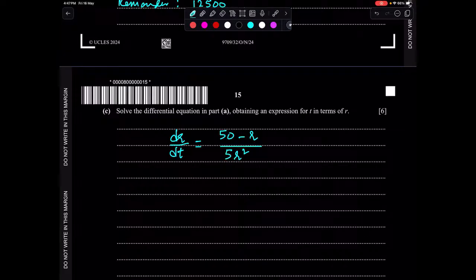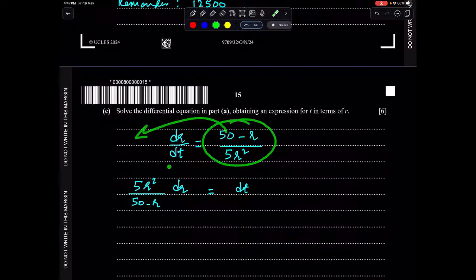Now do variable separable. So 5r square upon 50 minus r dr equals dt. This is the variable separable. I shifted this fraction on the left hand side and shifted dt on the right hand side.